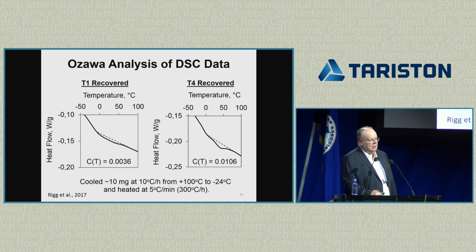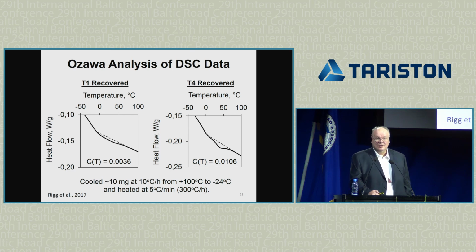We measure the heat flow in a little pan, and we measure how much waxes melt. So on the left, section 1, we can see it has a crystalline fraction of 0.36%. On the right, we have section 4, it is 1.06%, quite a bit higher. And therefore, it hardens faster.